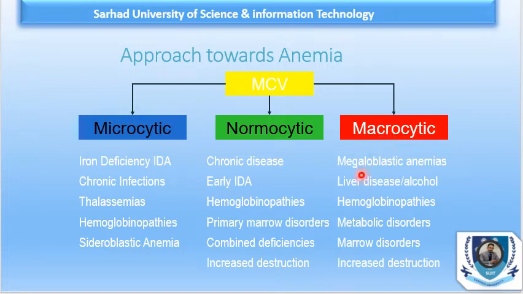The most important examples are megaloblastic anemias, liver disease and alcohol, hemoglobinopathies, metabolic disorders, marrow disorders, and increased destruction. But the most important are megaloblastic anemia, folate deficiency, or vitamin B12 deficiency. Similarly, in liver disease, alcoholism, or some chemotherapies, we also get macrocytic anemias.